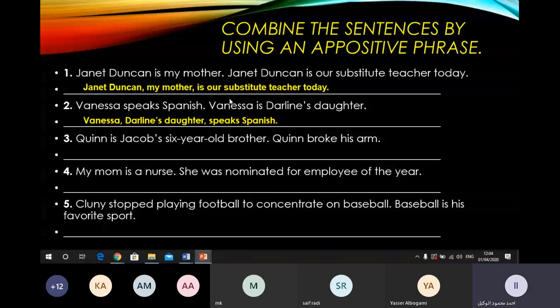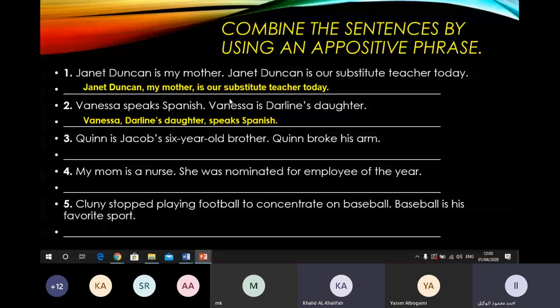Number 3. Can I answer? Yes. Quinn is Jacob's 6-year-old brother. Quinn broke his arm. Quinn, comma, Jacob's 6-year-old brother, comma, broke his arm.